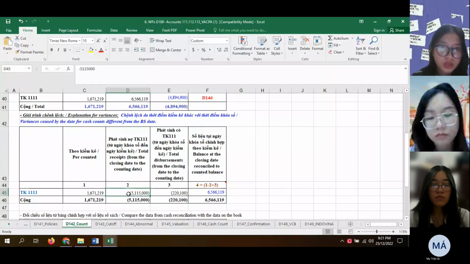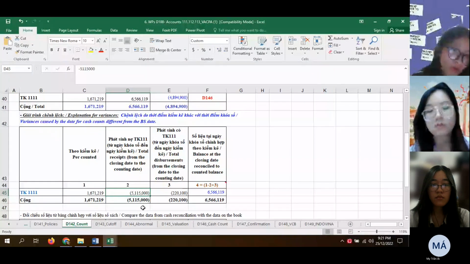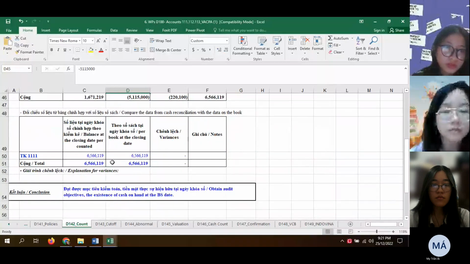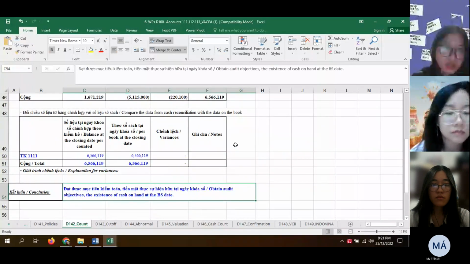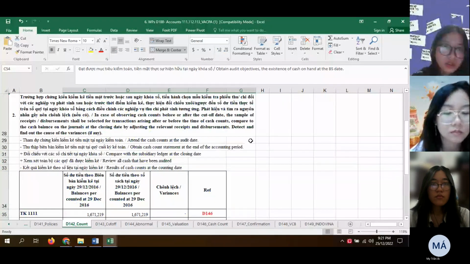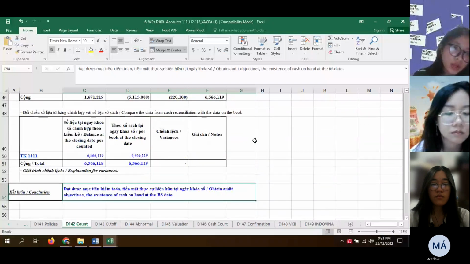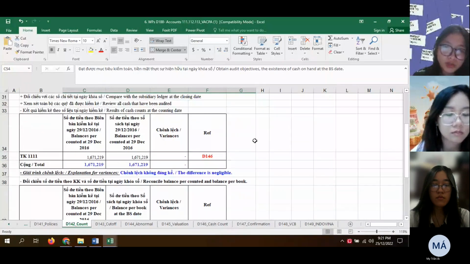And the total receipts from the closing day to the counting day is 5,115,000. To see this, we don't see any error. And the audit objective is the existence of cash on hand at the balance sheet day.